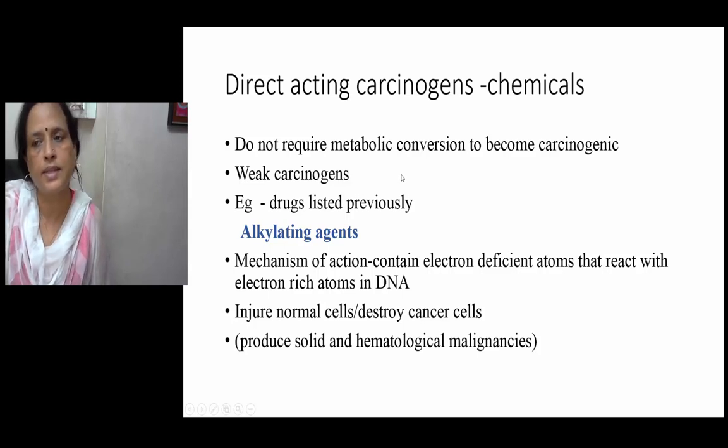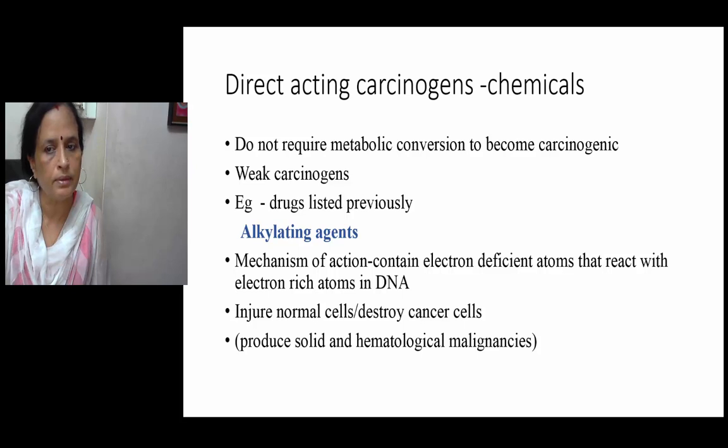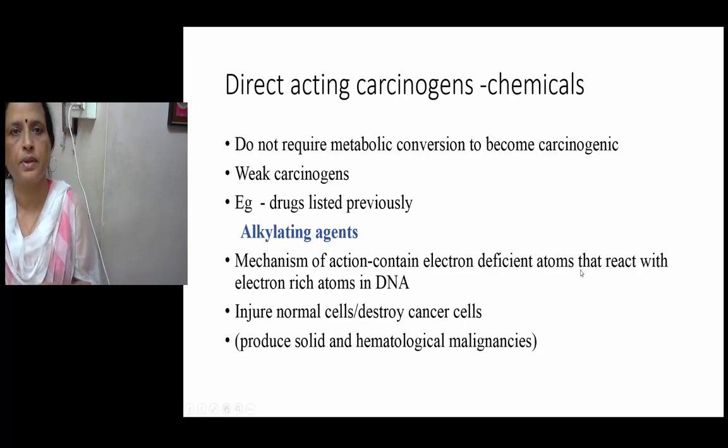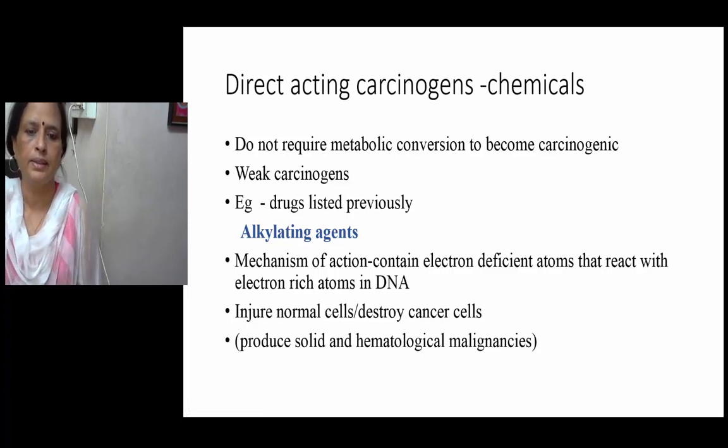Okay, so those are direct acting carcinogens. Then the alkylating agents. As for the mechanism of action, they contain electron deficient atoms, so they react with electron rich atoms in DNA.